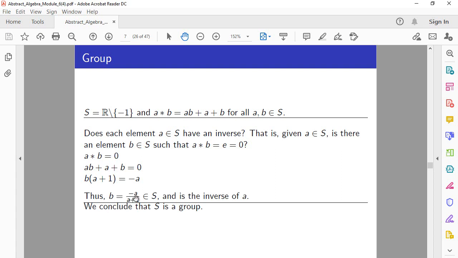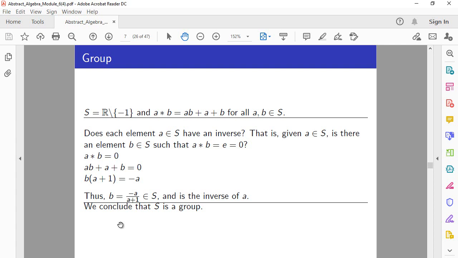So we see that B is equal to -A over A plus 1, and that's the inverse of A. The inverse of A is -A divided by A plus 1, which is a real number that's not -1, and so it belongs to S. So every element of S has an inverse, and we have established associativity, shown that there is an identity element, and shown that every element has an inverse, and so S must be a group.